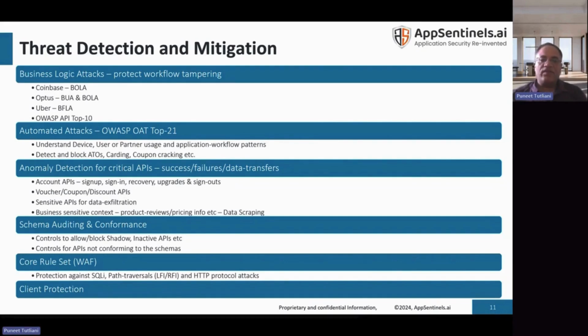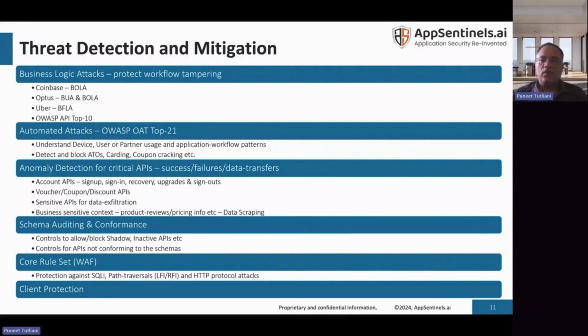The fifth layer of security is what is an OWASP top 10 or core rule set, or a WAF typically provides protection against SQL injection, path traversals, LFI, RFI, HTTP protocol level attacks, right? That's the fifth layer. And the sixth layer is on the client protection, where you may have known bots, you may have bad reputation IPs, you may have proxy, Tor, browsers accesses, clients coming from these kind of sites.